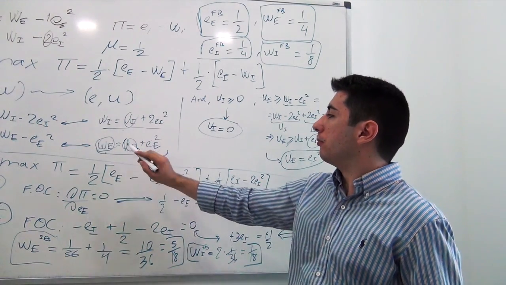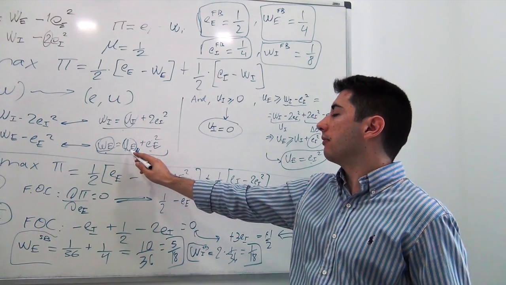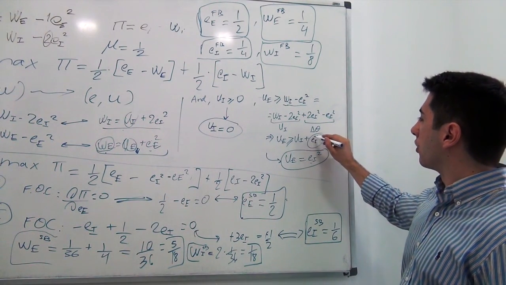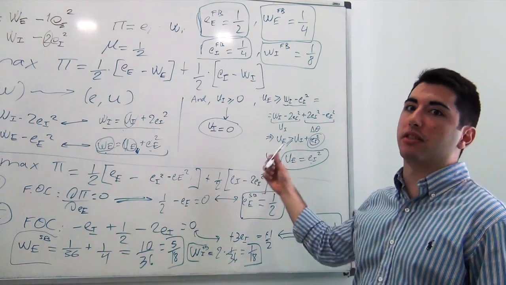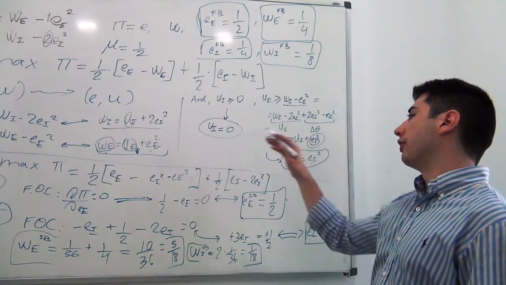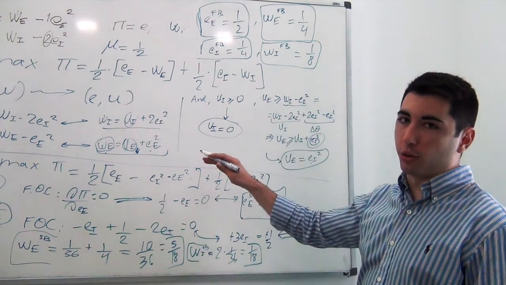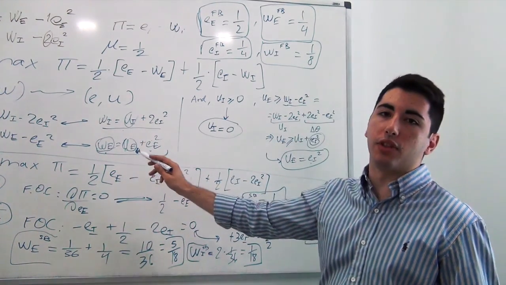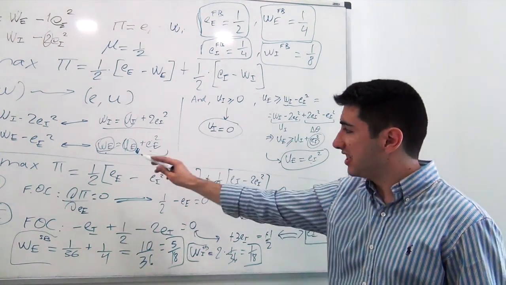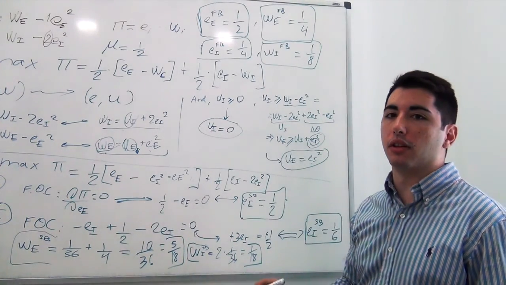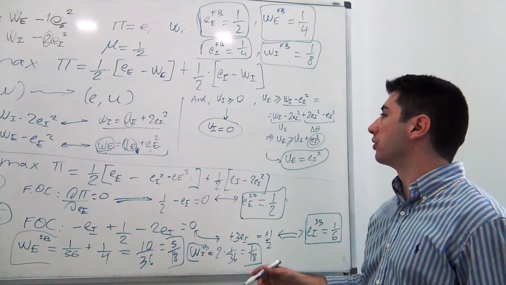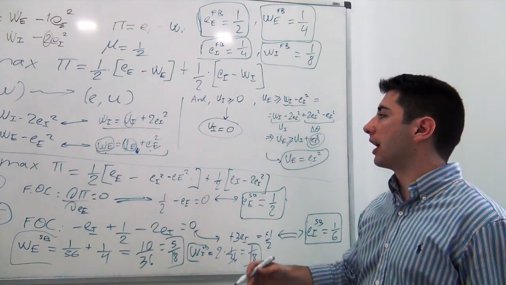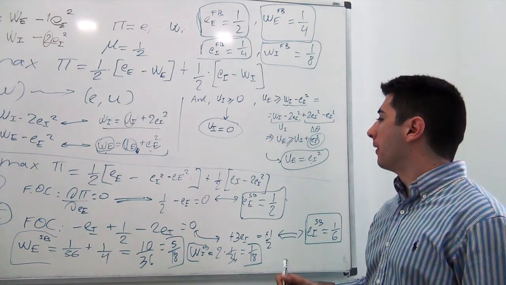But he also wants to increase the effort of the inefficient as much as possible. Those two goals are not compatible, because the utility of the efficient is increasing in the effort of the inefficient. So that's a trade-off between extracting information and having an efficient contract.